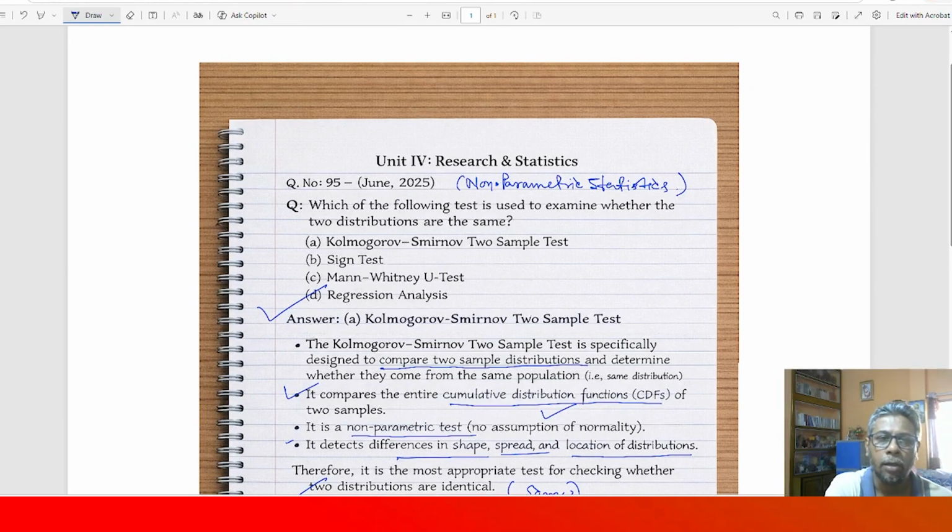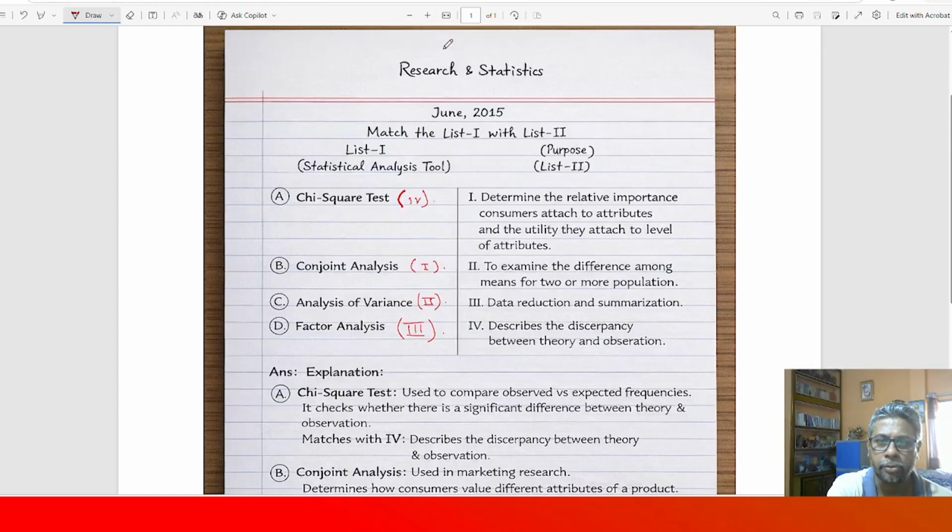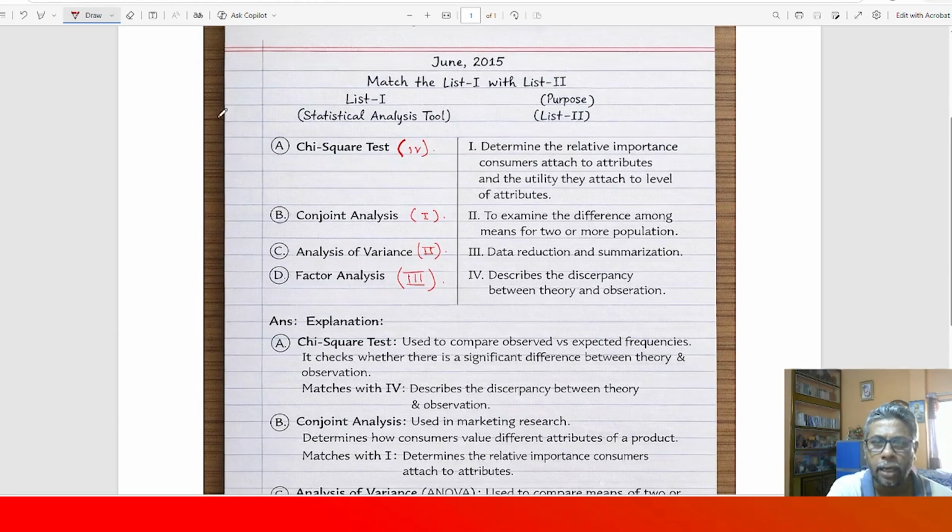Now we move on to our next question, which is based on matching. The first item, the chi-square test, we have solved already. We have to match the chi-square test, conjoint analysis, analysis of variance, and factor analysis.